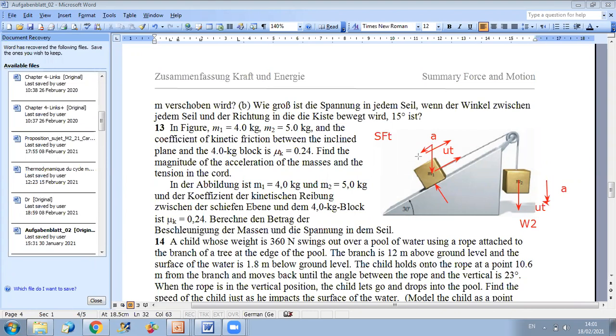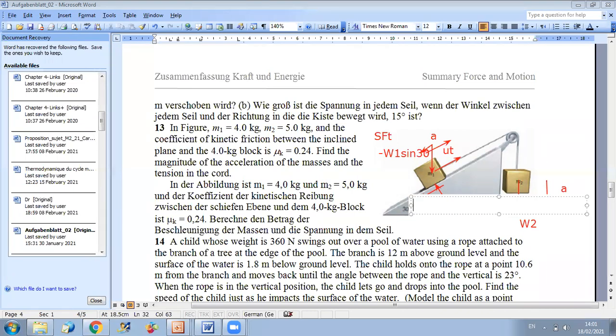And since it's in the negative direction, the projection is minus W1 sine 30. And of course, since you have a friction force which is downward, it's minus F along UT, and the friction F is mu k N.